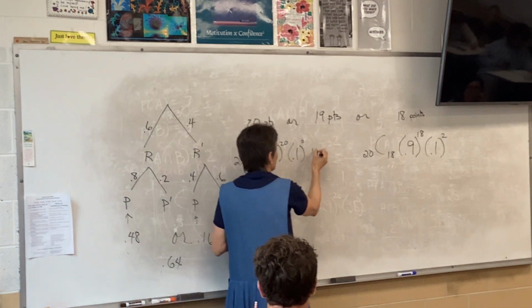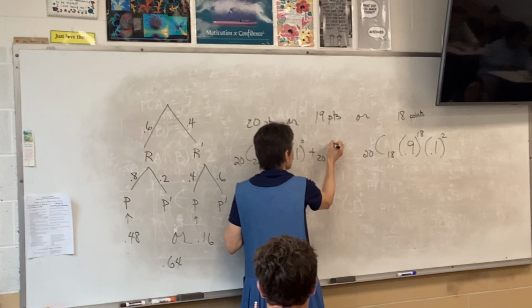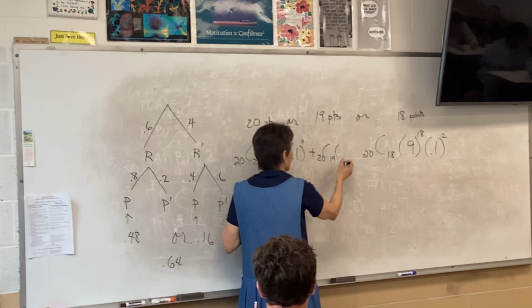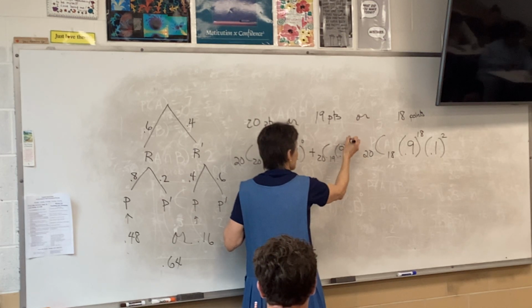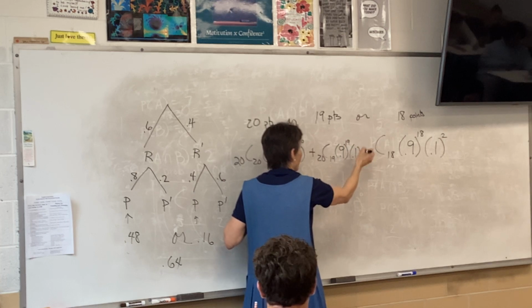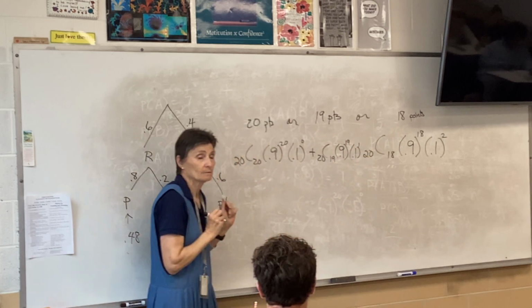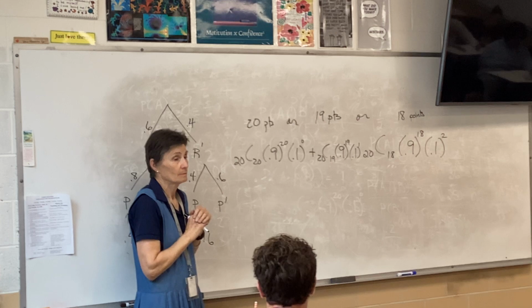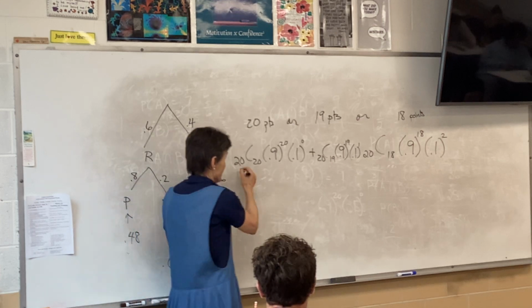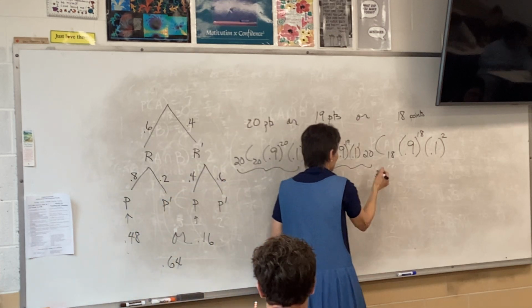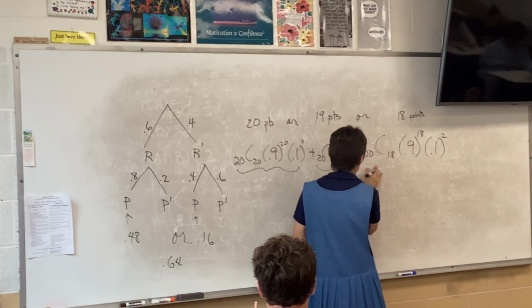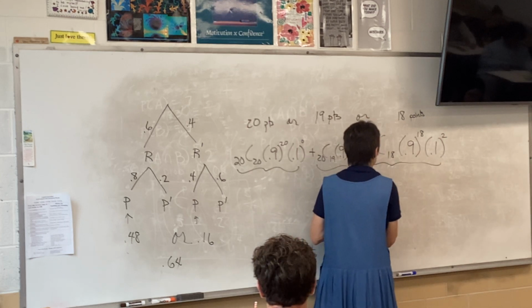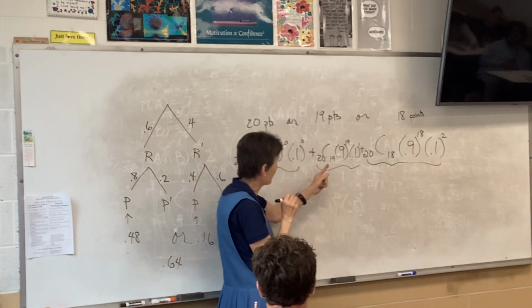What's this one? 20C19, 0.9 to the 19th, and 0.1 to the 1st. This is gonna be a number, this is gonna be a number, and this is gonna be a number. And what am I gonna do with those three numbers?